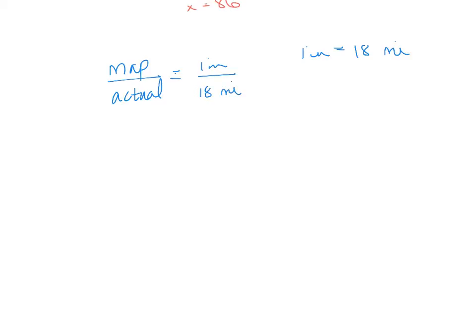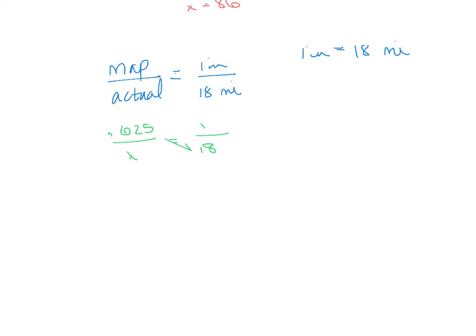The problem tells us that on the map, the distance is 0.625. So, just like we did in the first example back 15 minutes ago, we're going to replace map with 0.625, and we're going to put that over the actual. We can replace that with x equals 1 over 18.